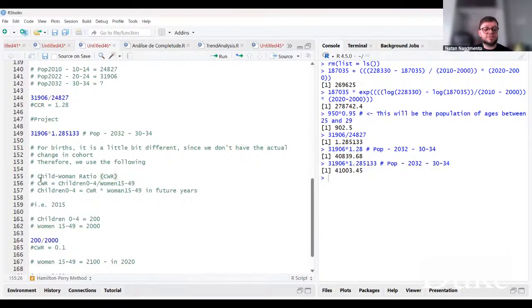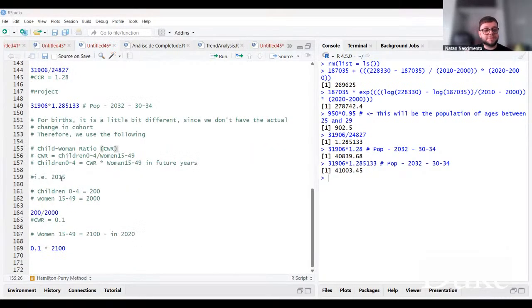Then we can get it like this. In 2015, children of 0 to 4 years are 200. Women in the fertile age are 2,000. 200 divided by 2,000 is 0.1.